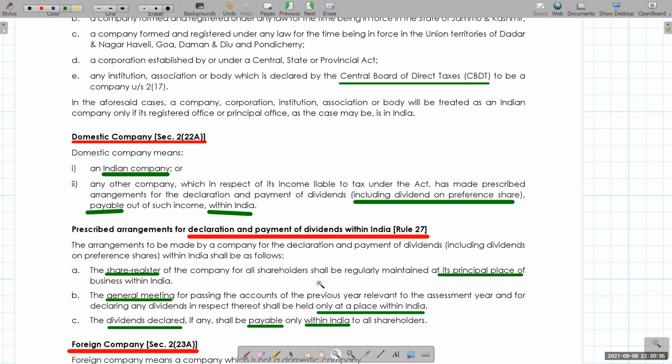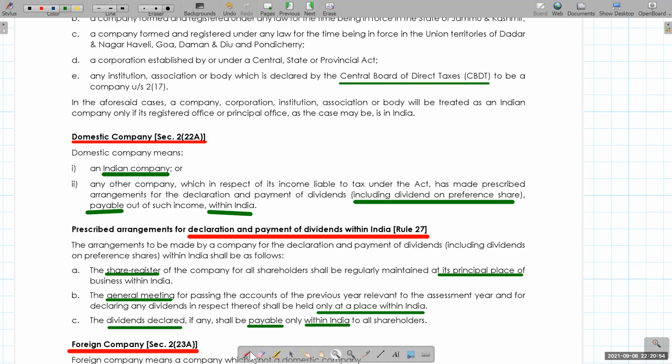And the second point is the general meeting: in the relevant previous year, the general meeting for passing that dividend will be declared, and it must be held only where? In India, and the dividend so declared should be payable within India to all the shareholders.